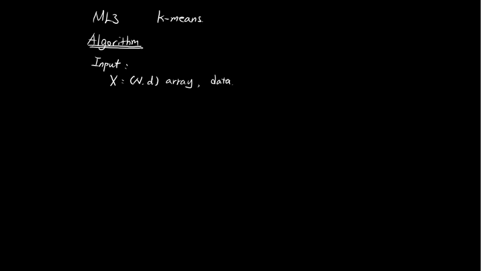So you have the data, and it will try to generate some labels. But in this algorithm, you have to supply k, and k is the number of clusters. So you have to tell the algorithm how many clusters you want, and you have to give the data.